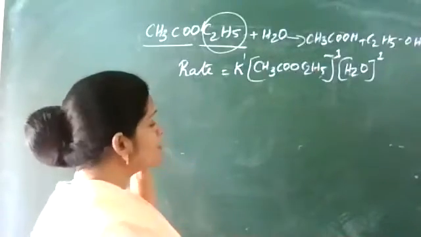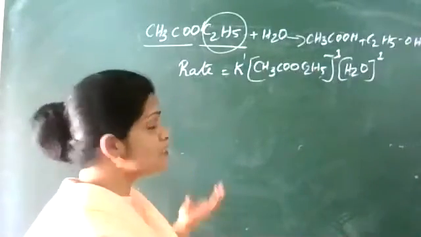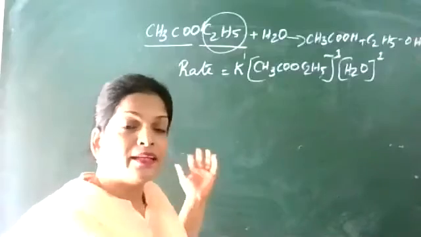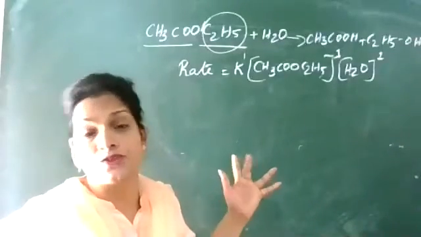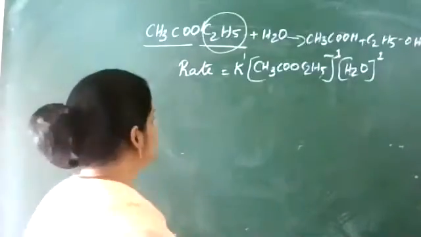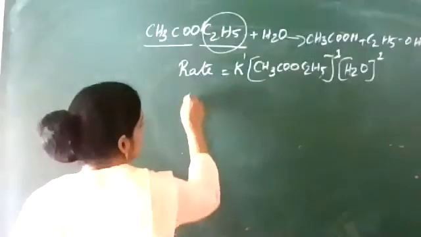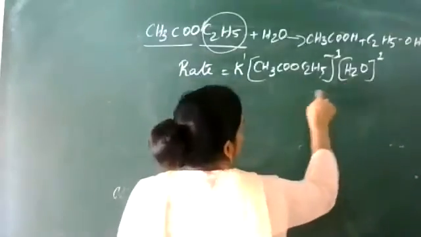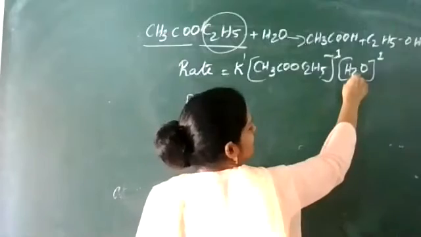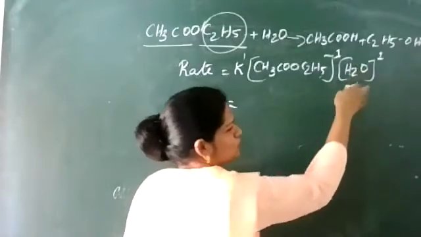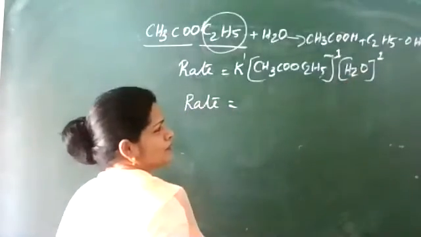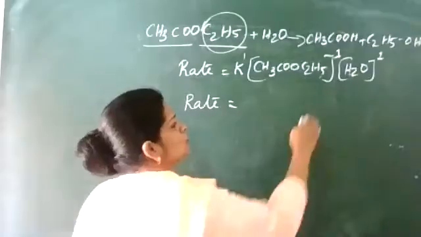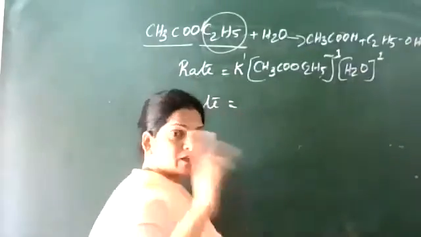But if water is in excess, then it will behave as a first order reaction. If water is in excess, there is no change in water concentration, so it is taken as constant.